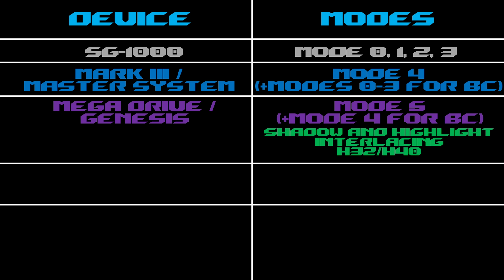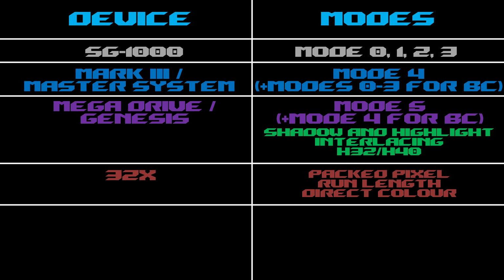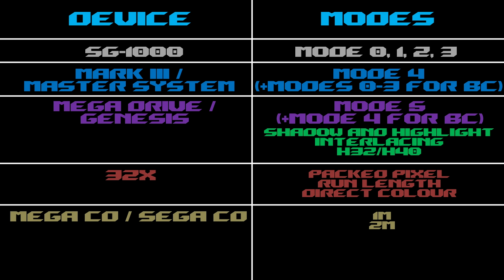And just for completeness, the 32X had 3 operating modes: Packed Pixel, Run Length, and Direct Color, and the Mega CD had 2 operating modes, 1M and 2M. And as we just covered, the Mega CD also had a couple of boot modes, Mode 1 and Mode 2.